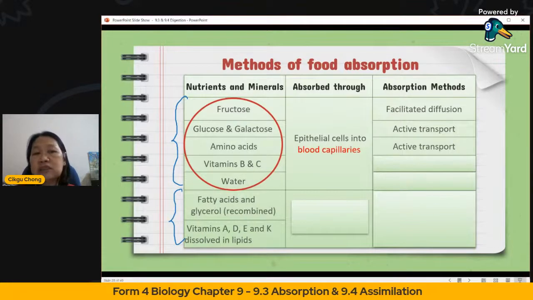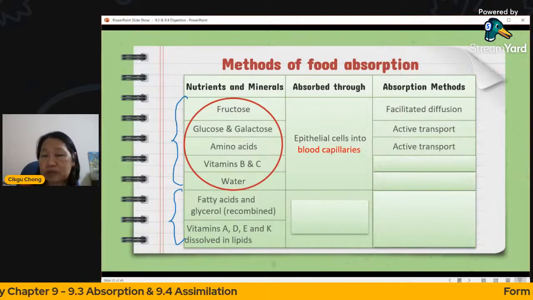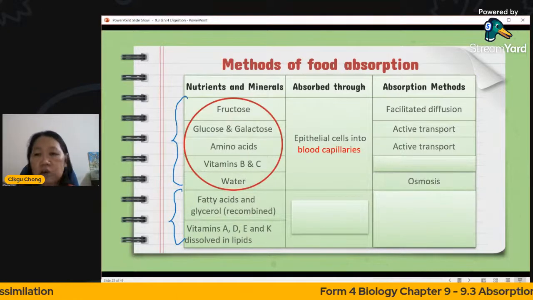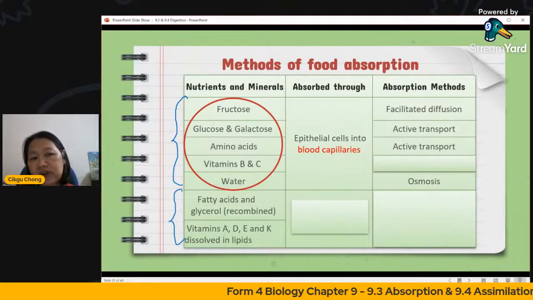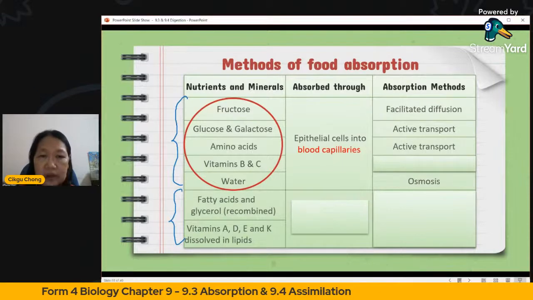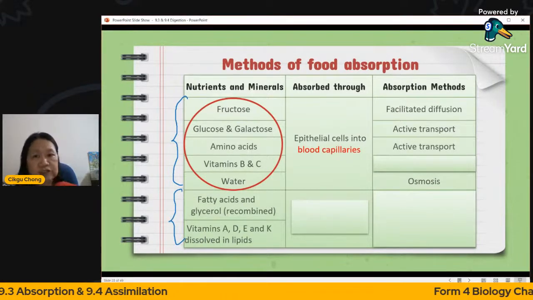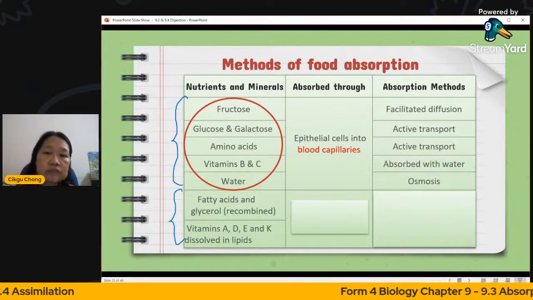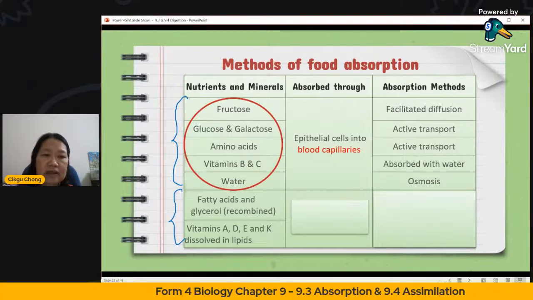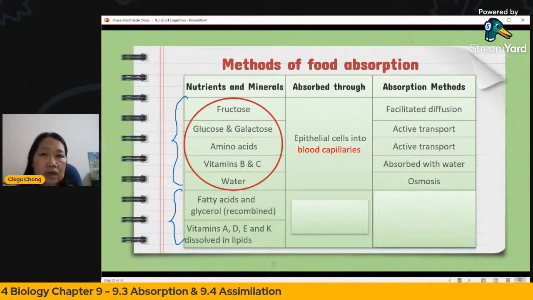As you know, the only method by which water is passed into the cell is through osmosis. For water it's always osmosis. And vitamins B and C, because they are water soluble, will pass in together with water and go into the cell through osmosis as well. So it's absorbed with water. Okay, it passes into the cell. So those are your water soluble nutrients.